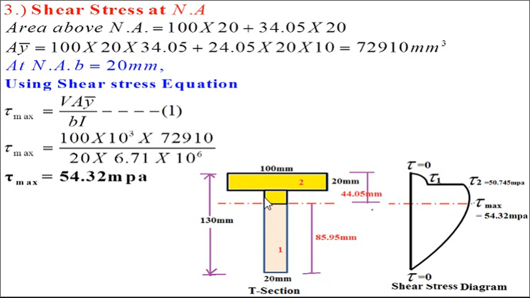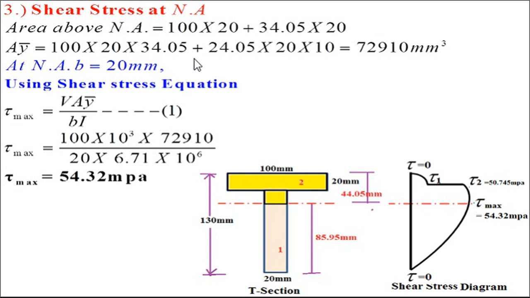And then you have to calculate A y bar of both the portions together. So what will be this total A y bar? First of all, 100 into 20 into the distance of the center of this area from the neutral axis.